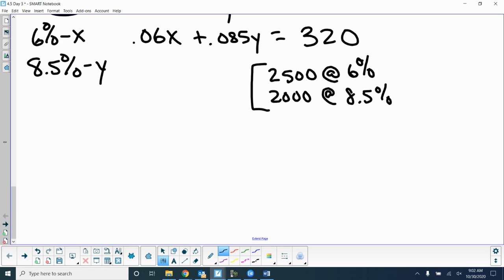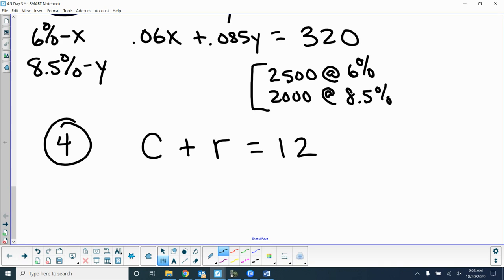How many pounds of cashews were used and how many pounds of raisins? All right, so the number of pounds, what's this for? The number of pounds of cashews plus the number of pounds of raisins is how many pounds total? 12, yeah.